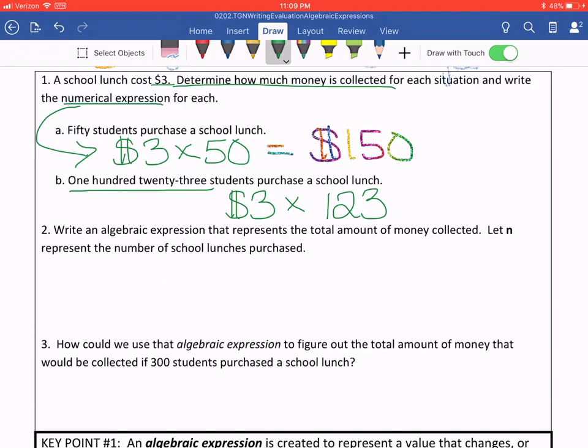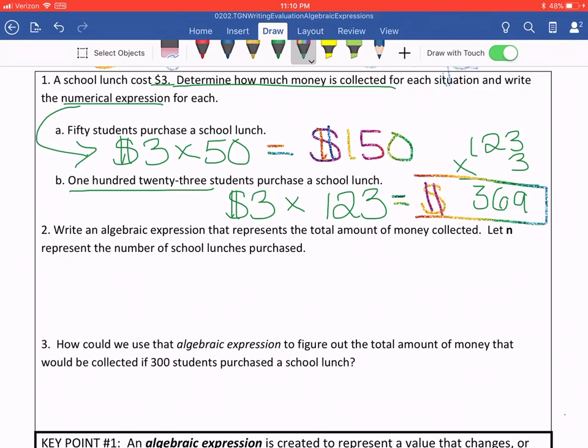I don't know how to multiply 123 times 3 in my head, so I'm going to do that long multiplication off to the side, and you can go ahead and do the same. I did that long multiplication out to the side, and I was left with the answer of $369 if 123 students purchase a school lunch.